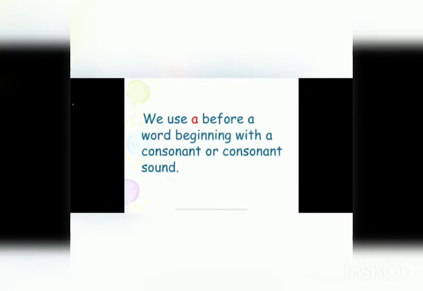Now children, the remaining letters of the English alphabet other than the vowels A, E, I, O, U are called consonants. When a word starts with a consonant or a consonant sound, we use a before such words. Let us take an example. This is a ball. The word ball starts with the consonant sound b.